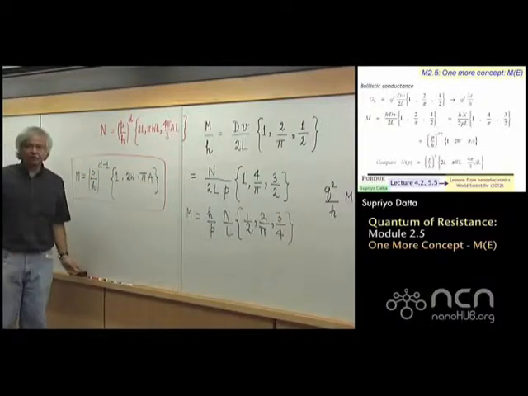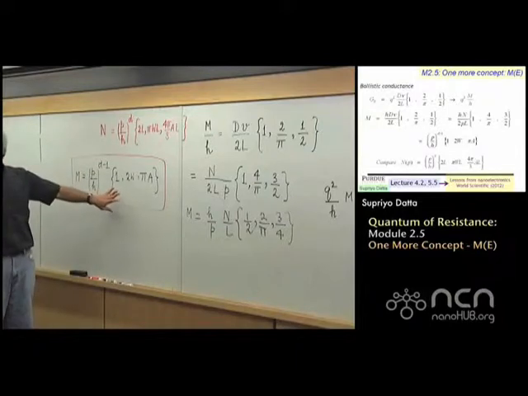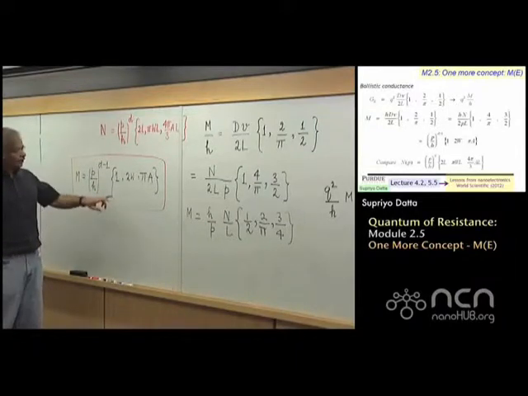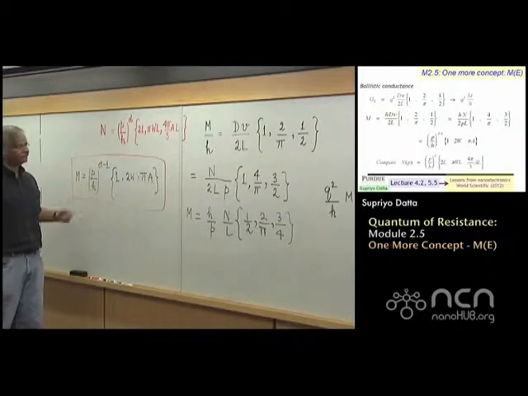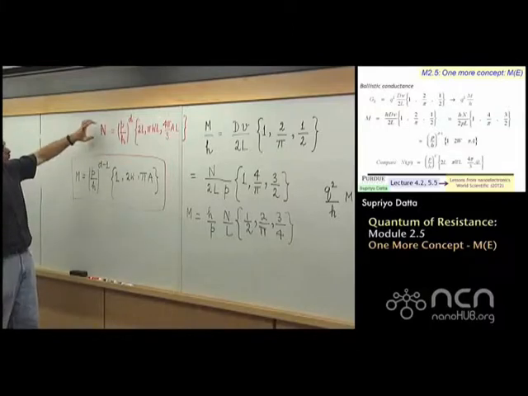Now what I want to point out is that now that we have this expression, it gives us an interesting physical viewpoint about what M means. So think back about what this number n means.